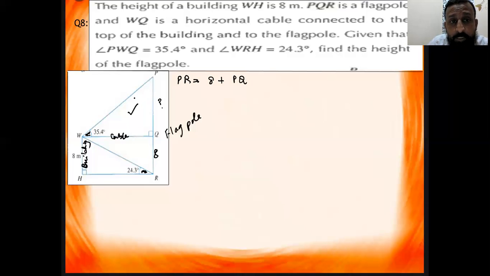It means we need to seek help from the bottom rectangle or triangle shown to you. You use this triangle so that you can calculate the length of the cable, that is the length of the rectangle. How are you going to do that? Because this is a rectangle, both the opposite sides are equal. You can calculate HR if you consider this triangle WHR, I'm writing it here, in triangle WHR.